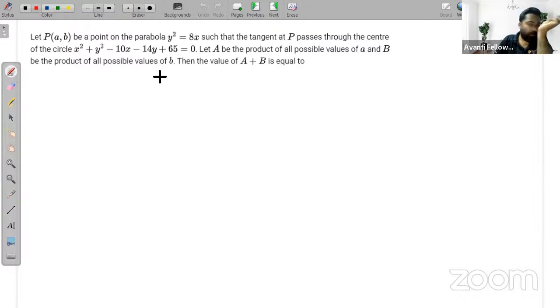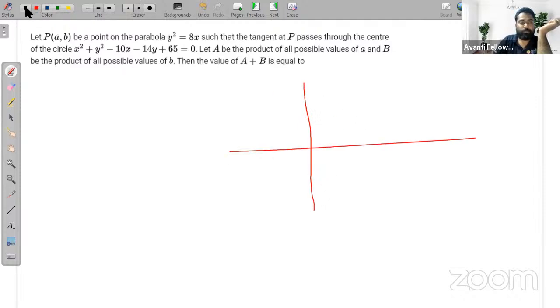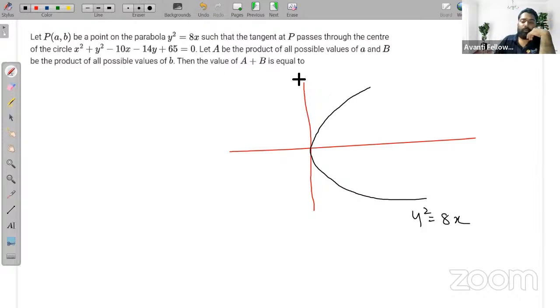So let's draw the figure first. Suppose this is my parabola, y square is equal to 8x, right? And suppose this point is my P, whose coordinate is given as AB, right? And from this point, we'll draw a tangent.